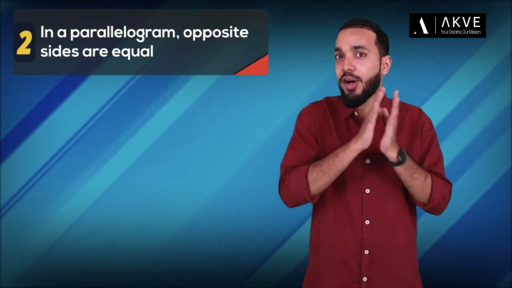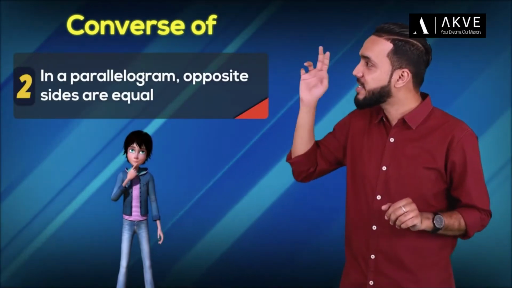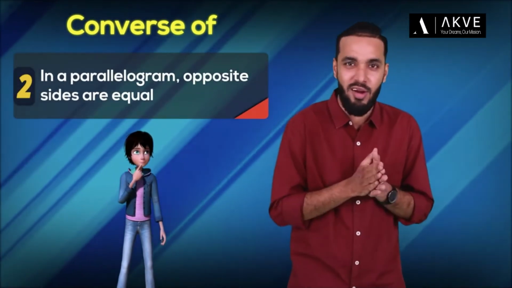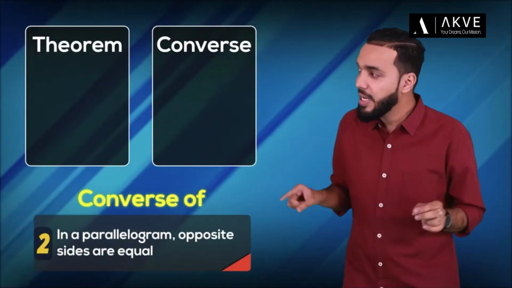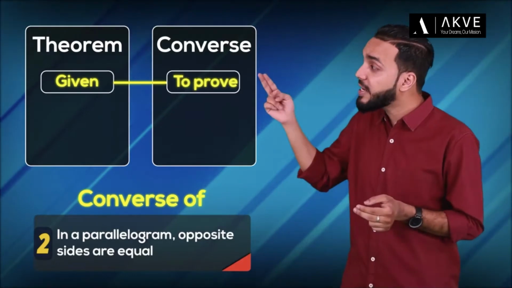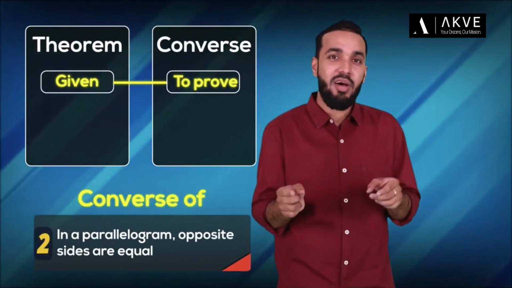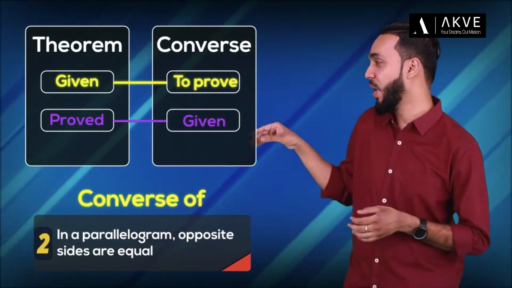That is, in a parallelogram, the opposite sides are equal. Just out of curiosity, what do you think would be the converse of this theorem? Not sure? Well, we already know that whatever is given in a theorem, the same is to be proved in its converse. And whatever is proved in a theorem, it is given in the converse.